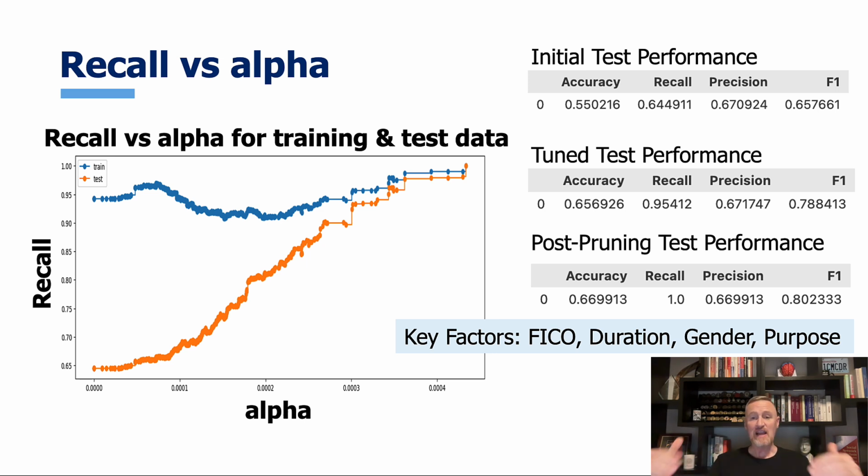So the key factors in this process are still the credit score, duration of the loan, gender, and the purpose of the loan. But this is now helping us identify what the key factors are in a loan decision, and now we have a much better performing model for making decisions about loan approval.